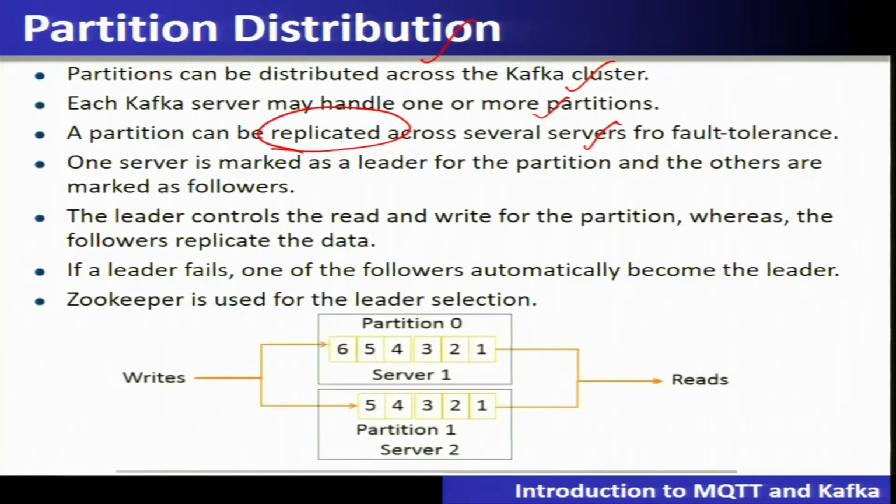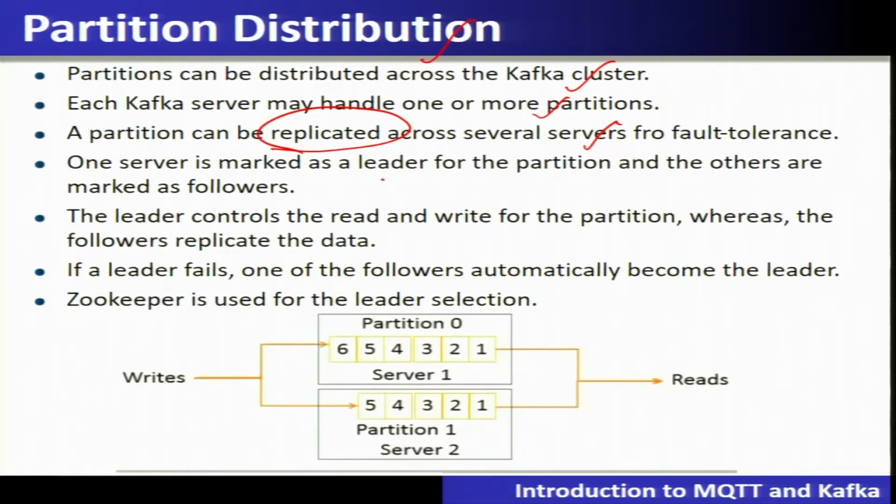We have also seen a similar design in NoSQL databases, where each key-value data item was stored using a replication factor of 3. So here also the partition is replicated across several servers to ensure fault tolerance.